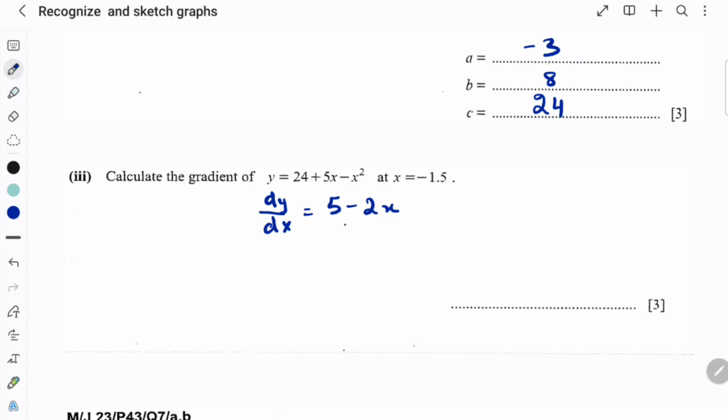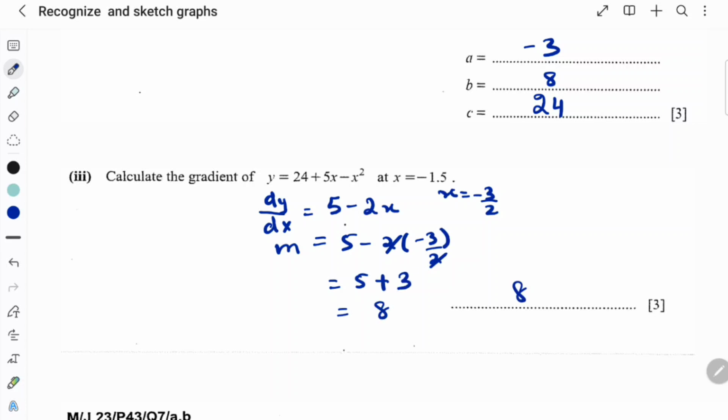Put in x equals minus 1.5, meaning minus 3 over 2, which is easier for me. So m is equal to 5 minus 2 times minus 3 over 2. Cancel the 2s, 5 plus 3 because minus and minus, that is 8. 8 is the answer for this.